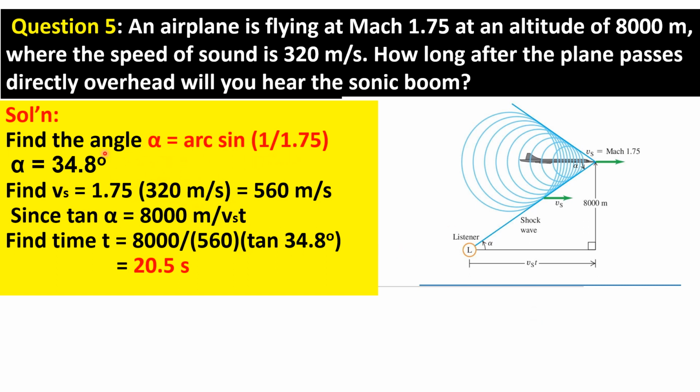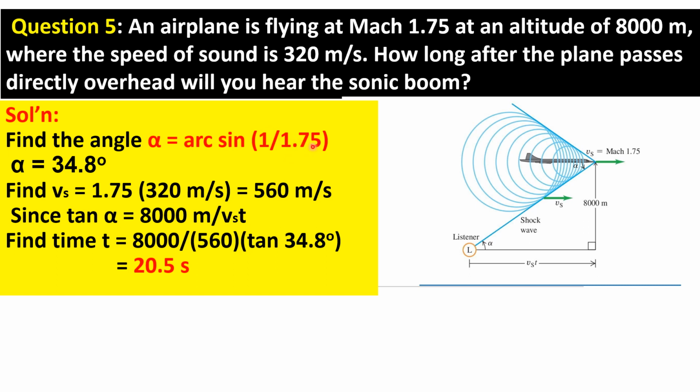Earlier, we mentioned that the sine of the angle alpha is related to the ratio of the speed of the source and the speed of the wave. So here we modify the equation so as to be able to find the angle alpha in terms of the arcsine of the reciprocal of the Mach number.